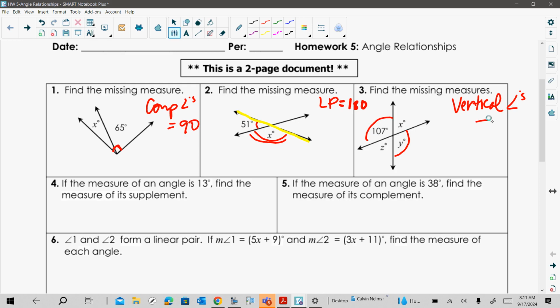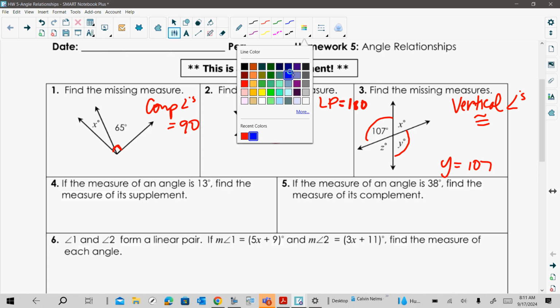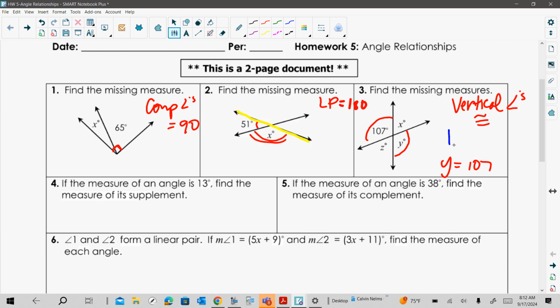Vertical angles are congruent. So we already got the answer to Y. Besides vertical, what else do we have? How am I going to get to X and Z? Yeah, you have a linear pair. Subtract it from 180. Yes.